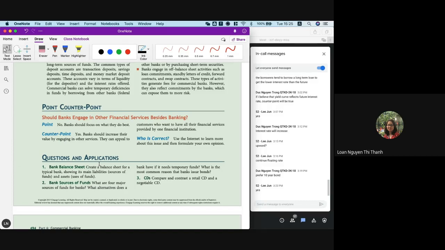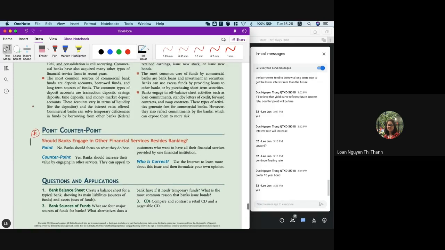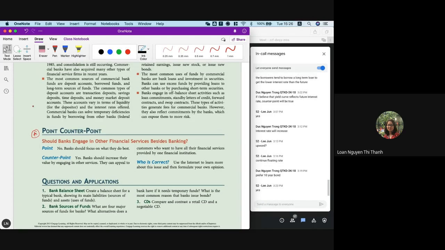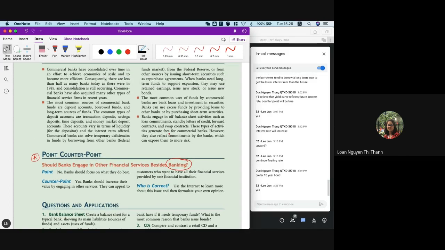Okay, so we have the point counterpoint of chapter number 17. Should banks engage in other financial services besides banking? The banking here is the traditional banking or the core banking services: deposit taking and providing credit. Okay.